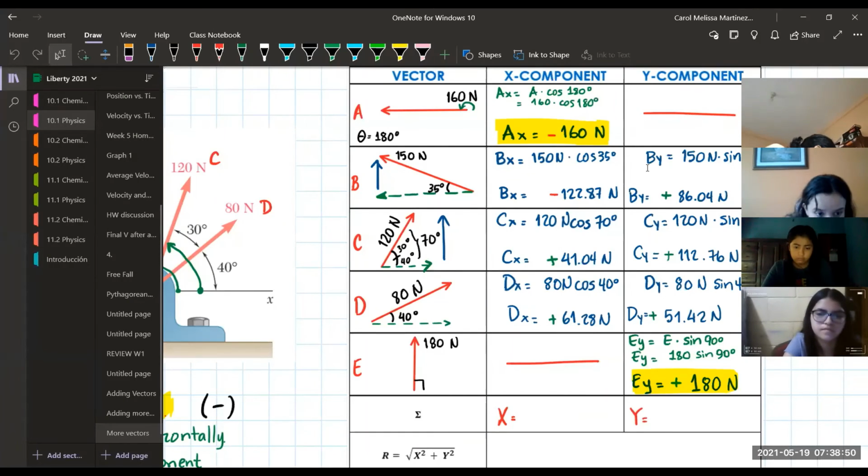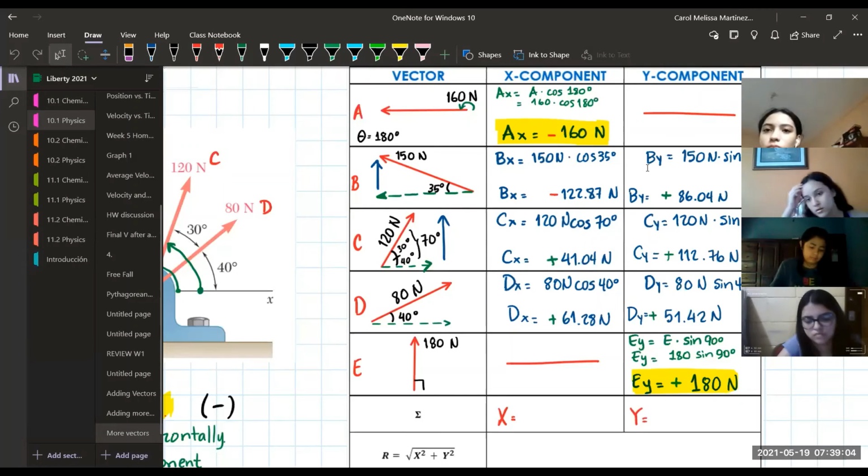Negative how much you got? Well, let me see. We got negative 180.55. That's what I got, 180.55, and do it again to make sure that you have it right.